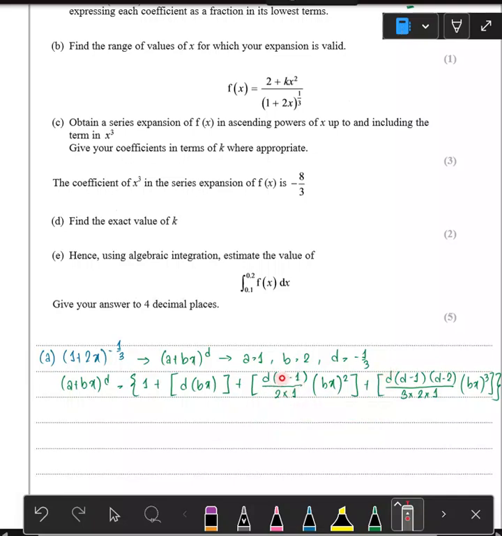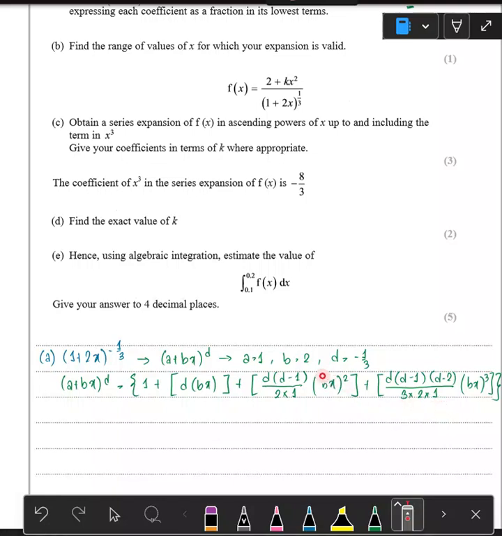Then you keep on decreasing the d. D was here, then you decrease it with minus 1, and then you decrease the d even more, it's d minus 2 now. So now the numerator has 3 d's, and the denominator will have 3 factorial, or you can write it as 3 multiplied by 2 multiplied by 1.